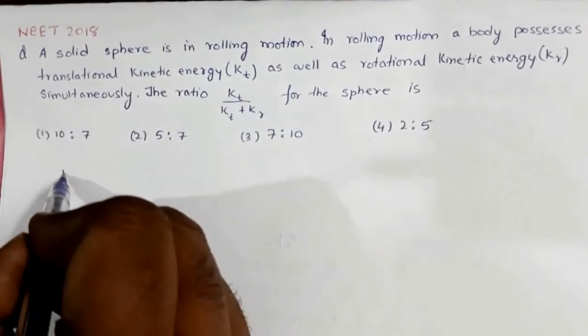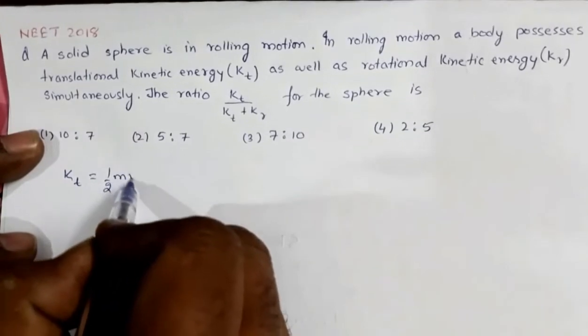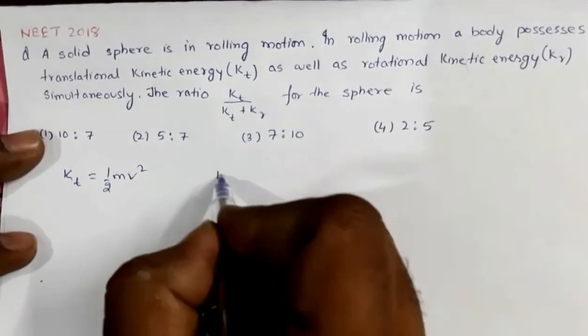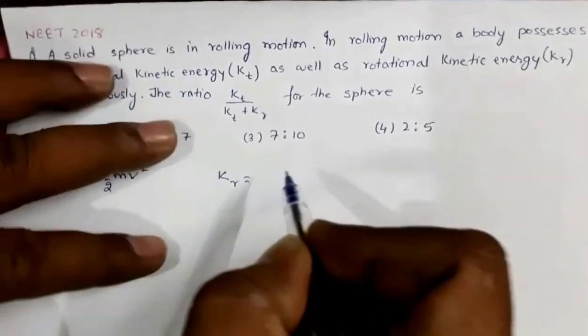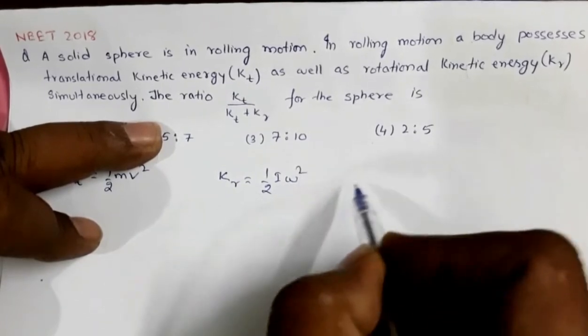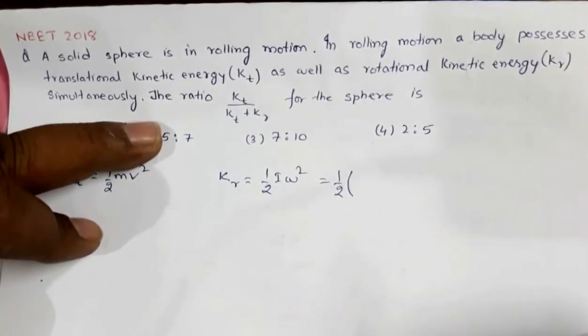Now translational kinetic energy is half m v square, m being the mass and v being the speed. And rotational kinetic energy is given by half I omega square, where I is the moment of inertia and omega is the angular velocity.